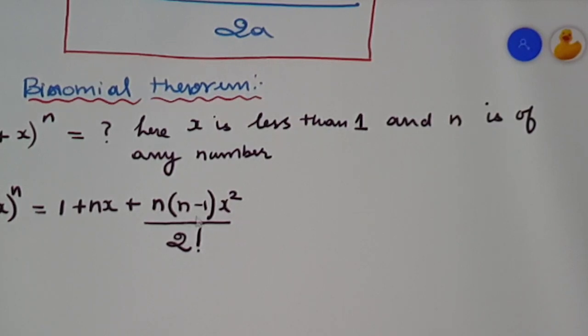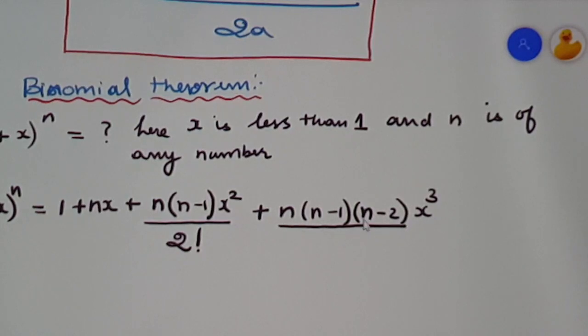What do you mean by this? I will explain. Similarly, plus, what is the third term? The next term is a higher power of x, so x cube. Then I have to write n into (n minus 1), which I have already written, then another quantity, (n minus 2), with the power on the x cube, whole divided by 3 factorial, since this is the third term.